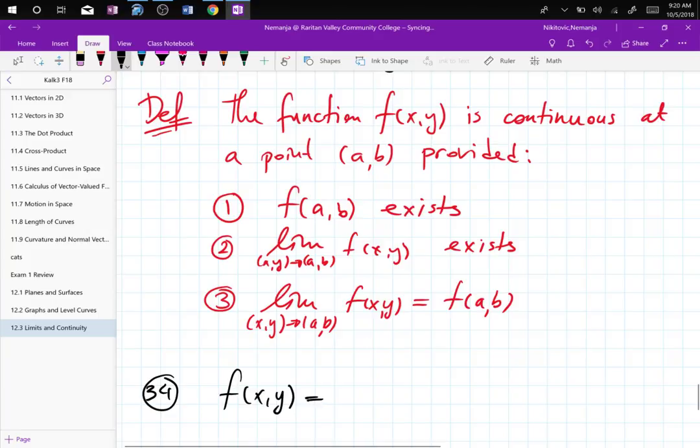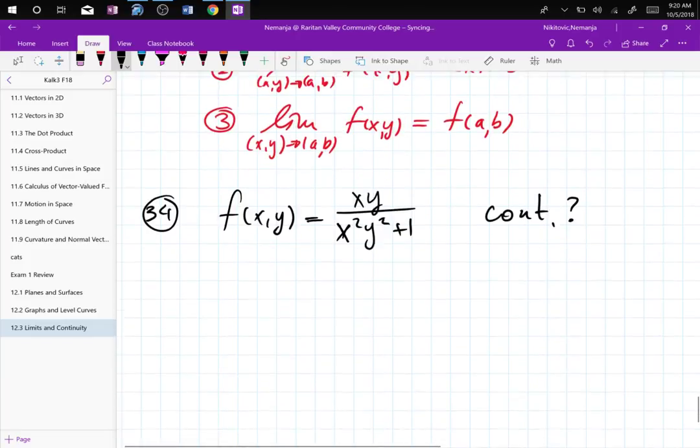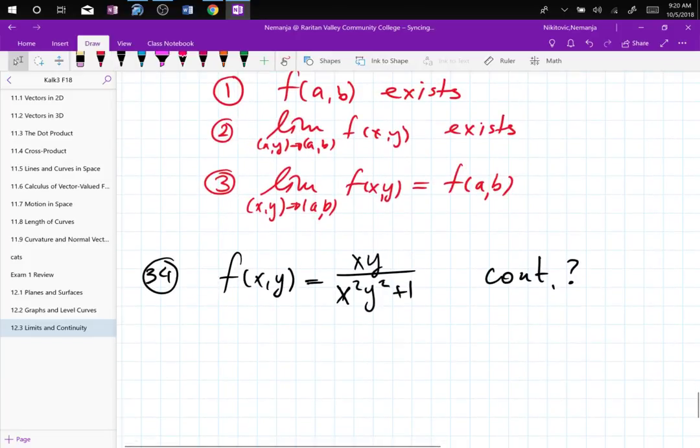f of xy is equal to xy divided by x squared y squared plus 1. Is this continuous? We are trying to check continuity. Well, the only point or a line or something that could ruin our day would be when the denominator is equal to 0.